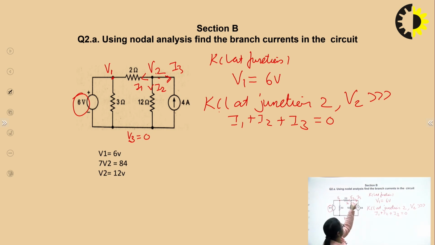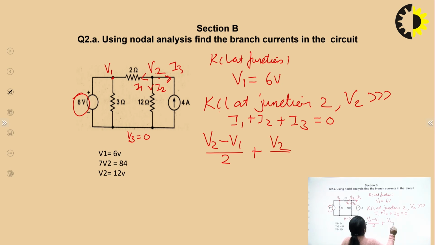Now, how can I write the equation? I1 is flowing from V2 to V1, so it is V2 minus V1 upon the resistance 2, plus I2. I2 is the current flowing in the 12 ohm resistor, which is V2 by 12.